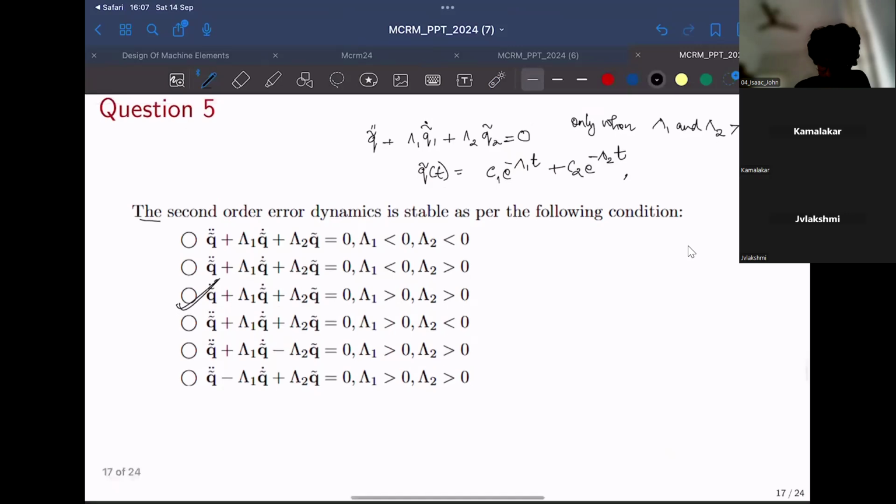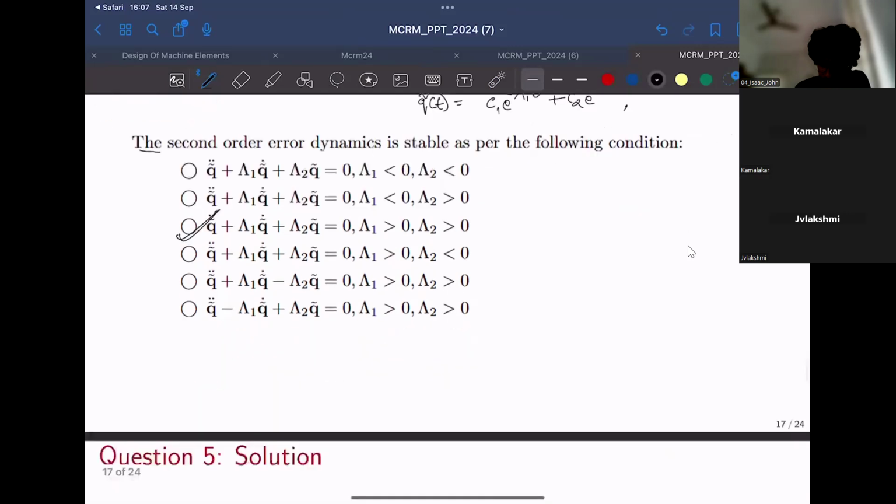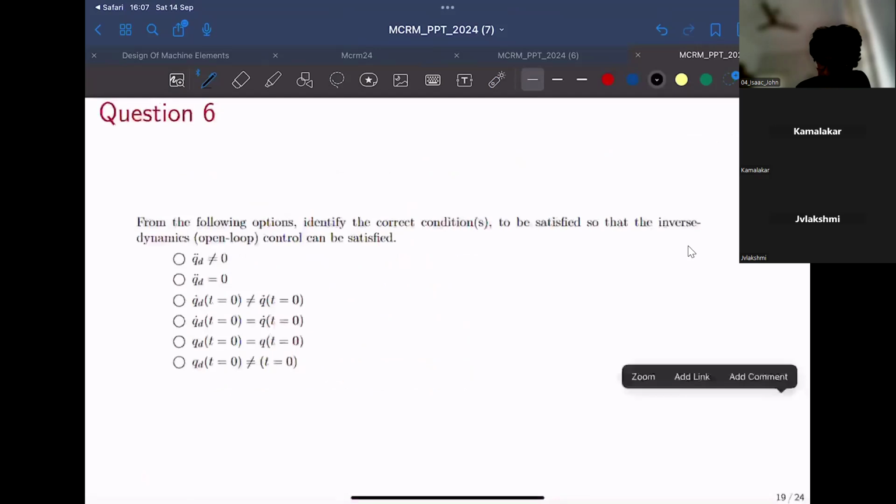Okay, now moving on to question 6. From the following options, identify the correct situations to be satisfied so that the inverse dynamics control can be satisfied. I think we have seen this earlier.